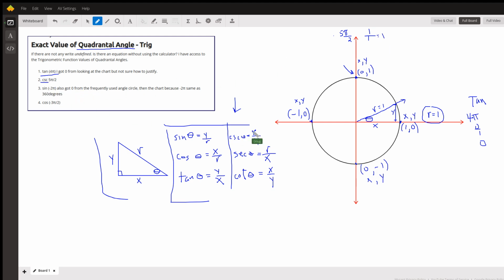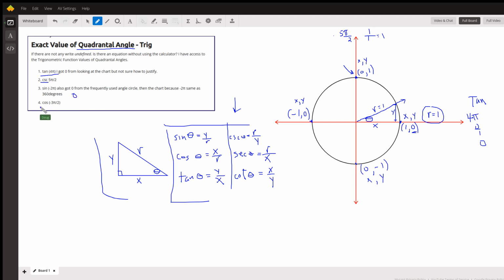Sine of negative 2 pi, well, we go in the negative direction, 2 pi, we end up right where we started. The sine of that angle, y over r, I'm sorry, 0 over 1, y over r. So this is a 0.